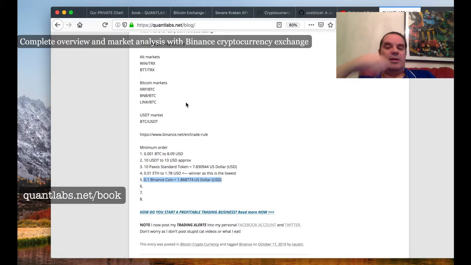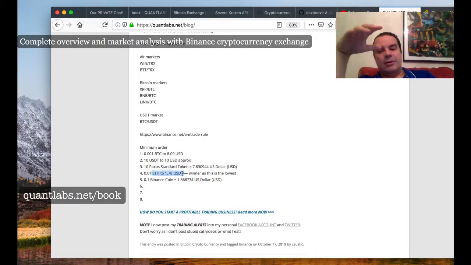So it limited me on that. With that in mind, you are left with two other options. You can either do the test trade in Binance Coin, BNB. It's going to cost you roughly about $1.86 US dollars. Again, this fluctuates every day. And the next one is Ethereum.